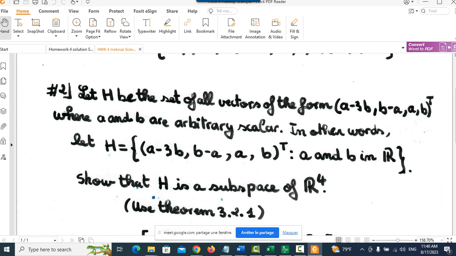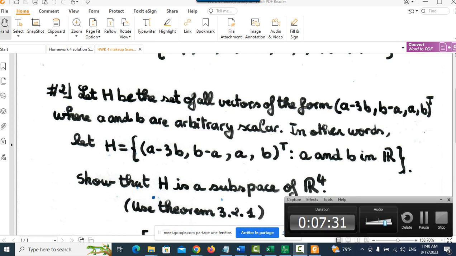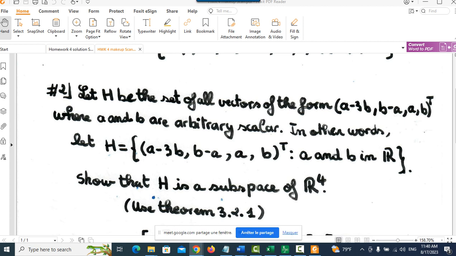Now the second one: let H be the set of all vectors of the form (a minus 3b, a minus 3b, b minus a, b) transpose, where a and b are arbitrary scalars. In other words, we have this set.